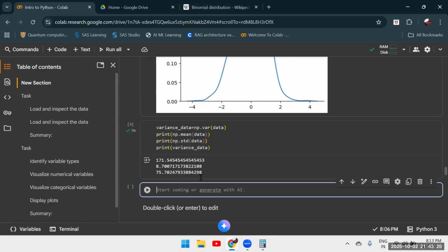Okay. So in a binomial distribution, as we were saying, it has three parameters. One will be the number of trials. As I told you, the number of trials is the number of times you are going to toss a coin. So if you toss a coin 10 times, then your n will be 10.